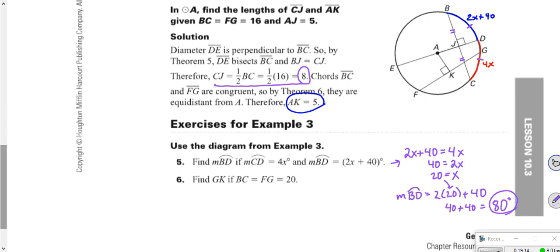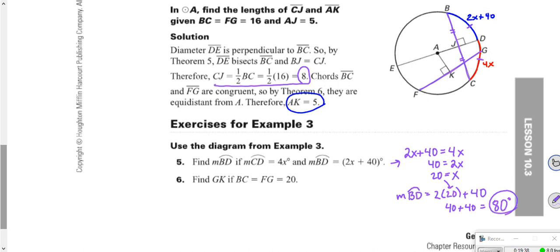Okay, find GK if BC equals FG equals 20. So BC equals FG. Again, those are those two chords. BC and FG are both 20. Okay, so find GK.